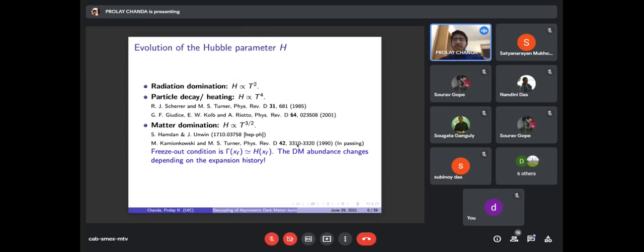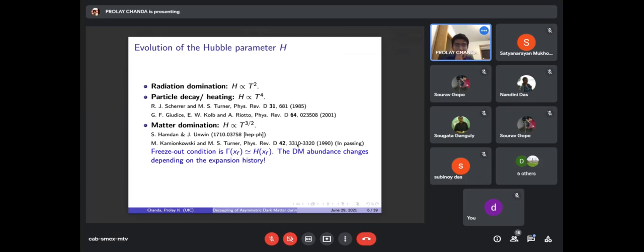Because cosmology is largely dominated by the expansion history. As we know, the universe is expanding, and for the expansion of the universe, we can define a parameter which is called the Hubble parameter, and that grows differently for different cosmological histories.